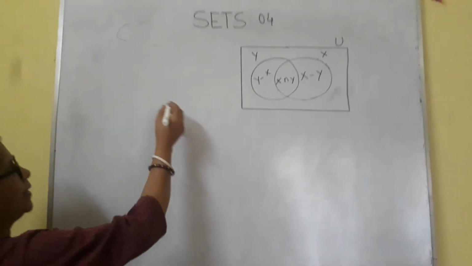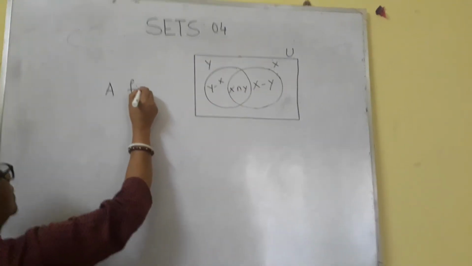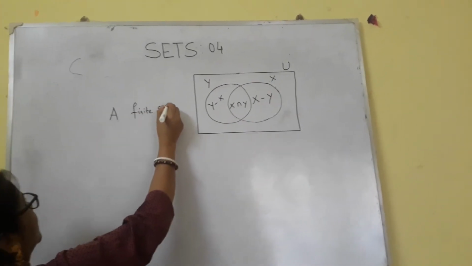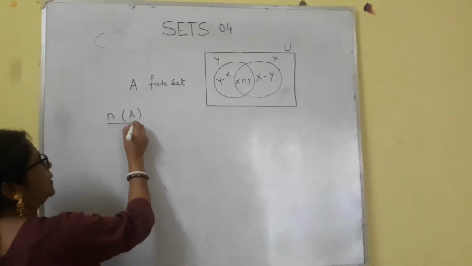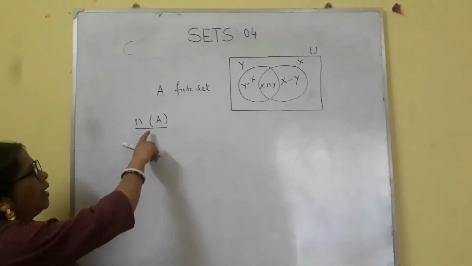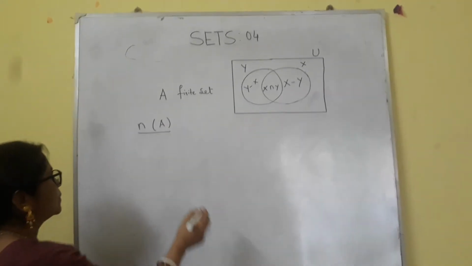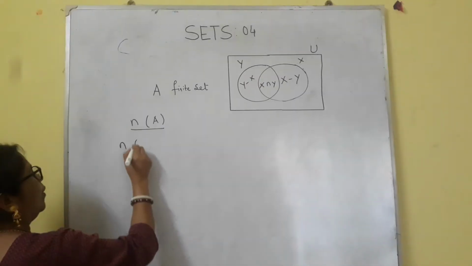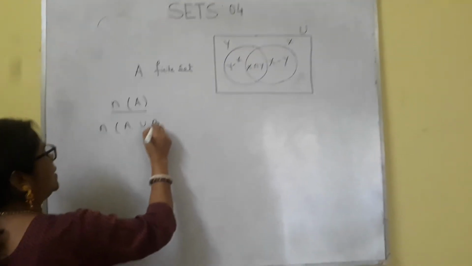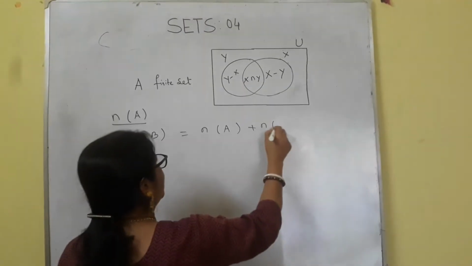Suppose A is a finite set. Now, n(A) means the number of elements present in A. n(A union B) equals n(A) plus n(B).